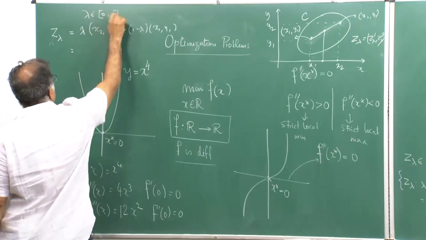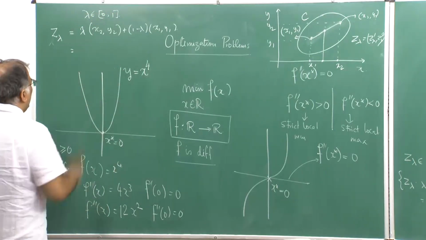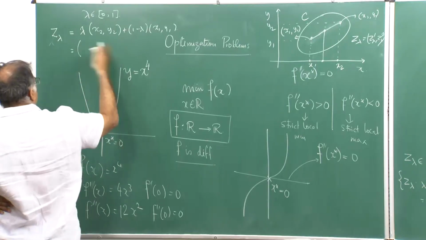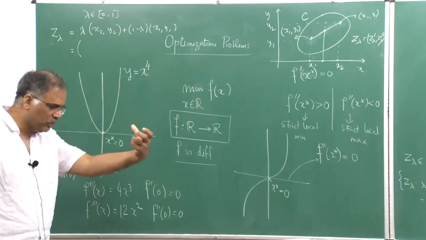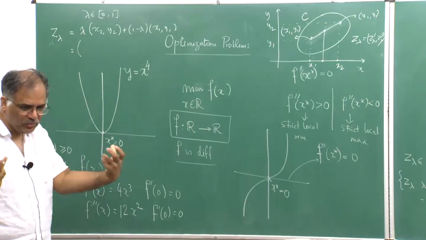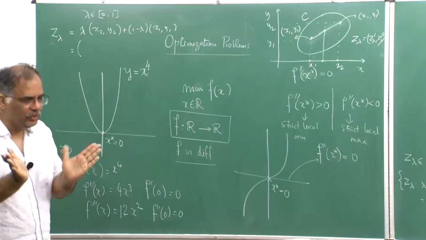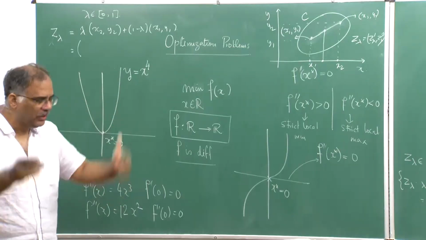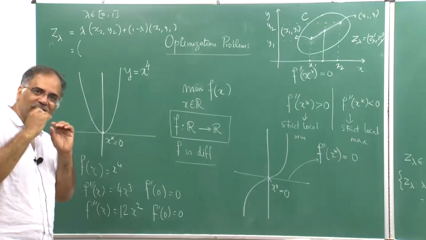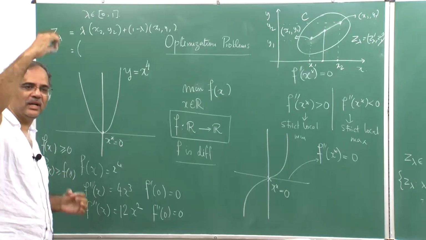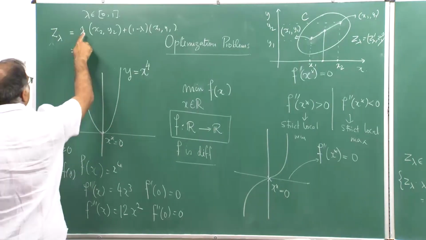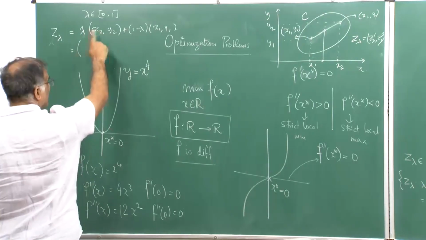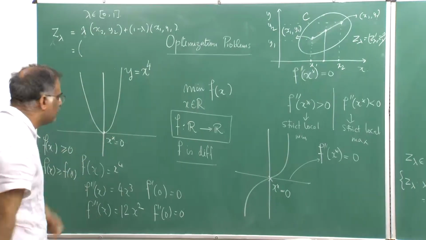So I am joining the line segments, right? And here I do some additions the way vectors are added. If x1 y1 and x2 y2 represent the two vectors, then when you add them in the standard way of adding geometrical vectors, the tip of the new vector has the coordinate x1 plus x2 and y1 plus y2. I can multiply this lambda inside, basically changing the length of the vector.